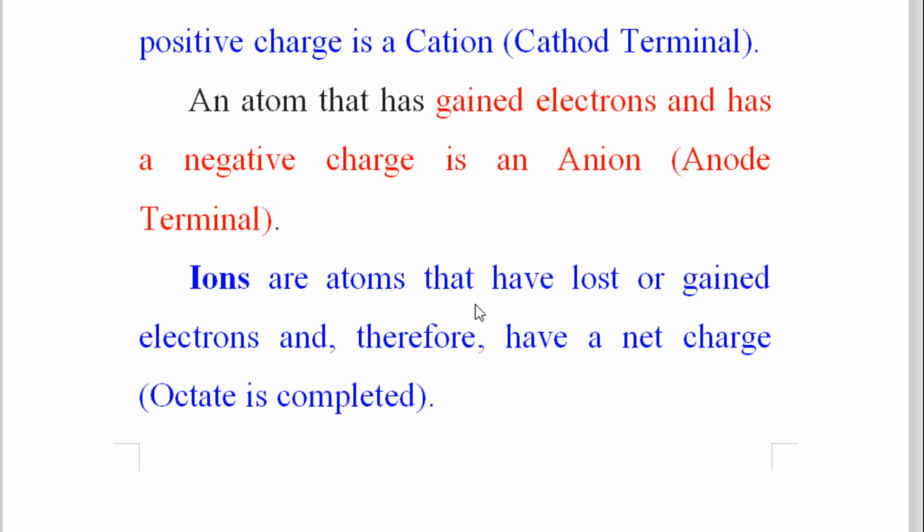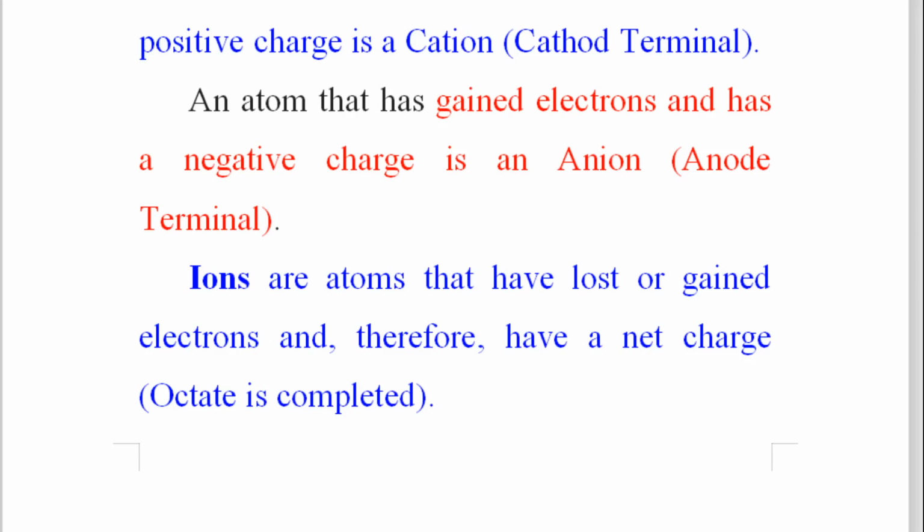So ions are atoms that have lost or gained electrons and therefore have a net charge. Net charge means the octet is completed. Once again I will repeat: the atom which was having excess is losing, and the atom which was having less electron is gaining, and those atoms are converted into ions. There are two types of ion: anion and cation.